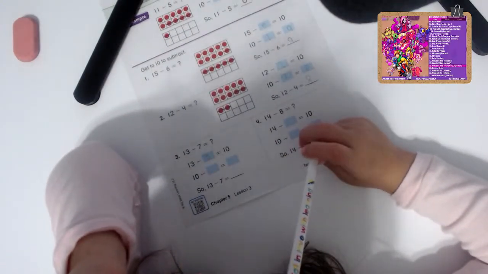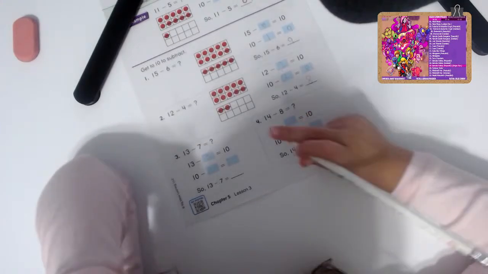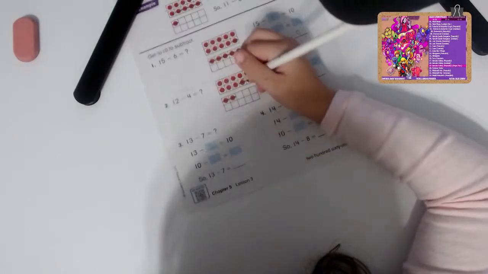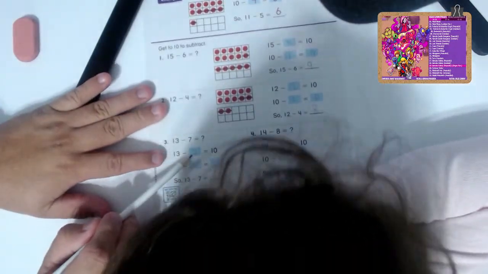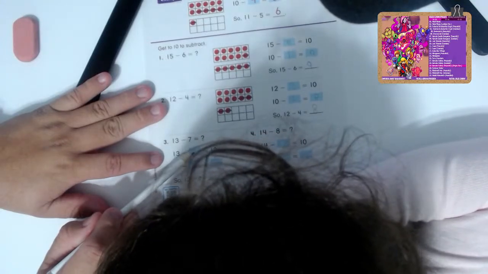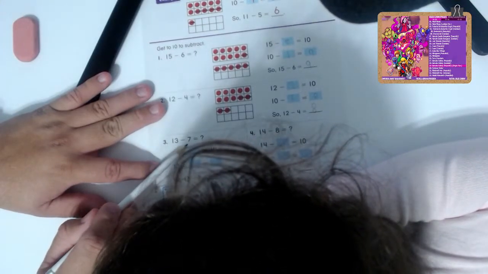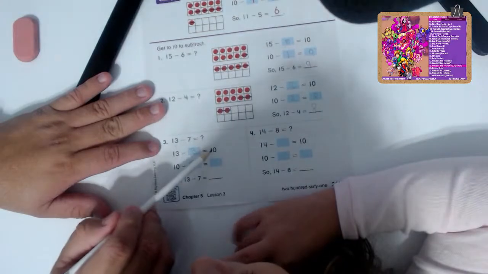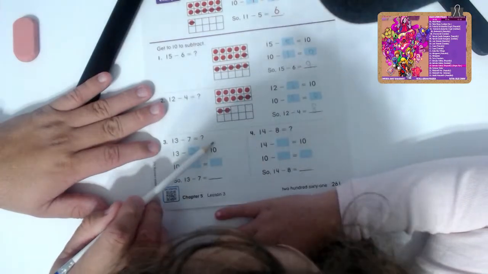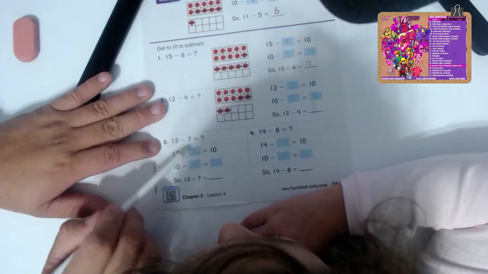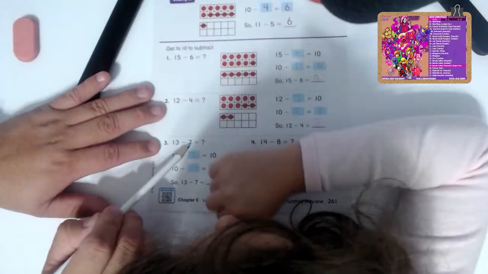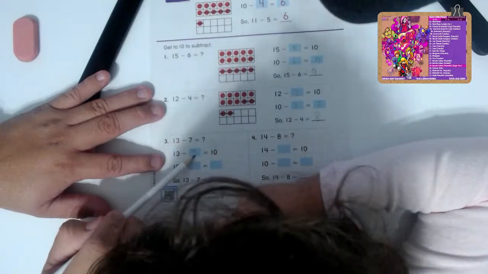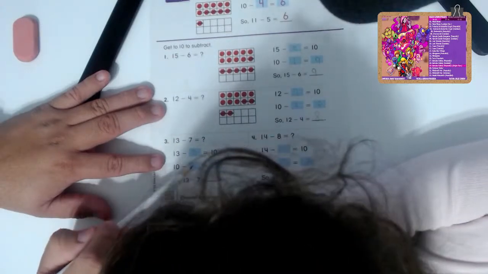So this 3, where are we taking away from? The 13 or the 7? You have the 13 here, and the 10 is over here, right? So where does the 3 come from? The 7, right? So now we have 10, and we subtracted how many from 7? 3. So what's 7 minus 3?